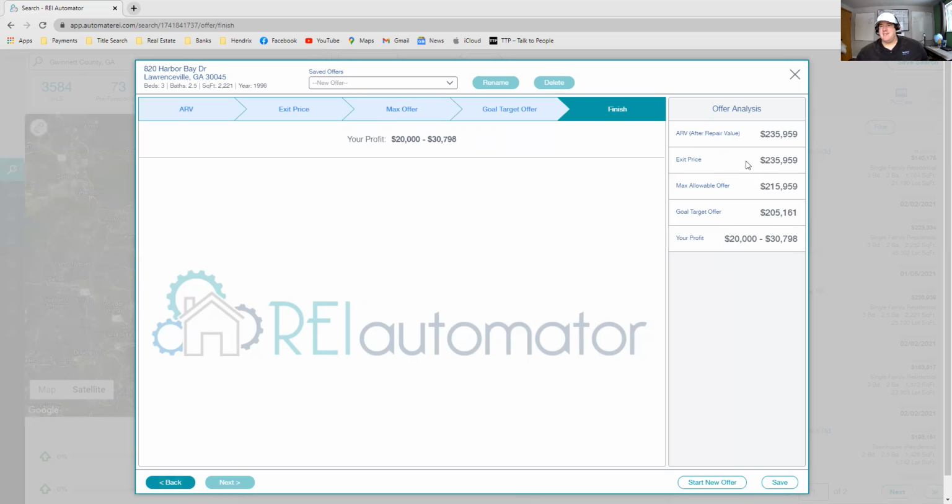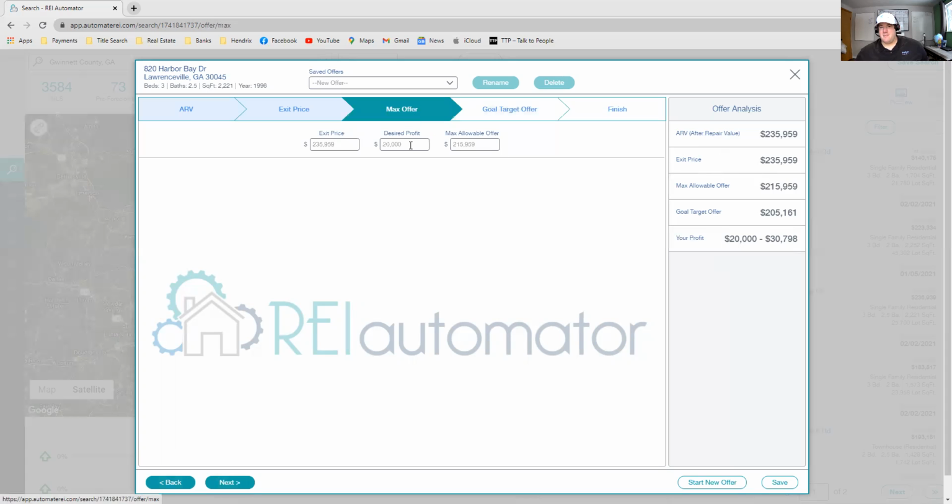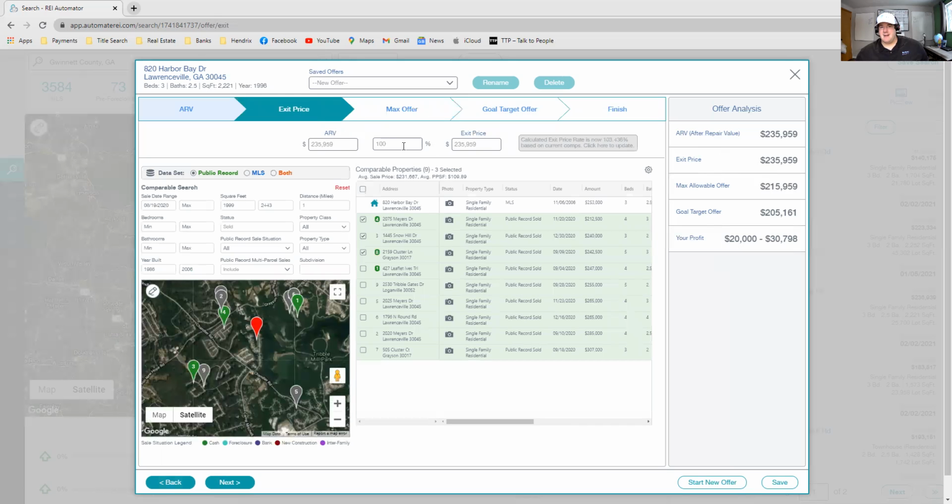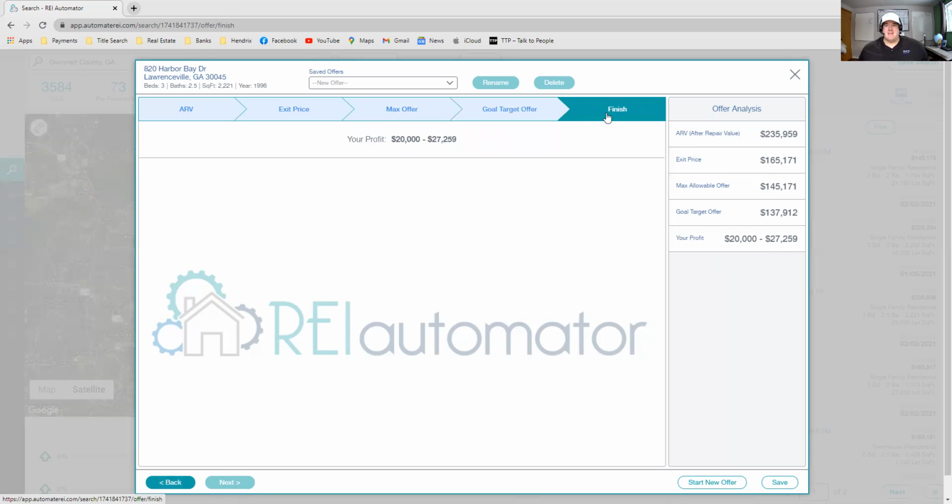Now, this is a little jaded, because the exit price is not going to be that. Let's say it's 70% of the actual, because let's pretend that's what you determine it's going to cost. The 30% is what it's going to cost, and the flipper's profit and all that other good stuff.